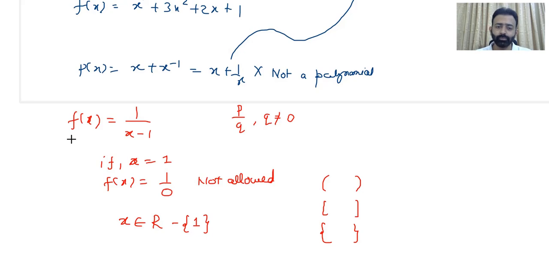Okay, all right. Now let us understand the method of finding the domain for any type of function. Type 1 is any function of the type 1 over a.